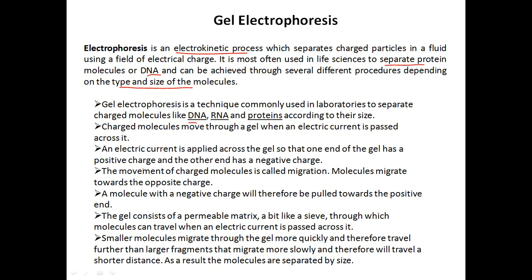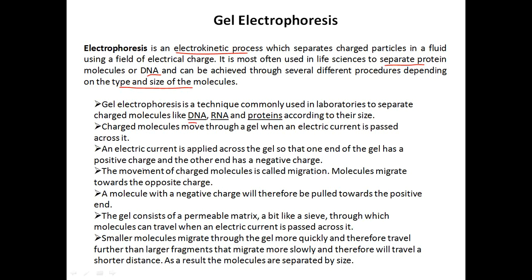Oppositely charged species will move towards the opposite electrode. Negatively charged DNA and RNA will move towards the positively charged electrode, the anode, and positively charged species will move towards the negatively charged cathode.